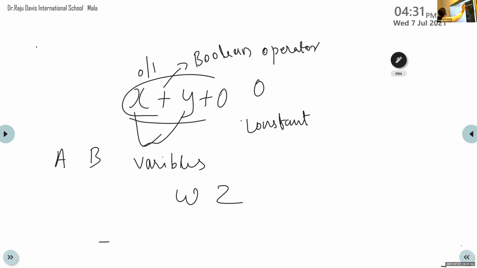Okay. So we are just discussing what is a Boolean expression. A Boolean expression means it's a combination of Boolean variables, Boolean operators and Boolean constants. An example for a Boolean expression is x plus y plus 0 or x plus y plus 1. Here plus is the Boolean operator, x and y are Boolean variables and 0 is the Boolean constant. Okay. So next we are discussing Boolean operators.